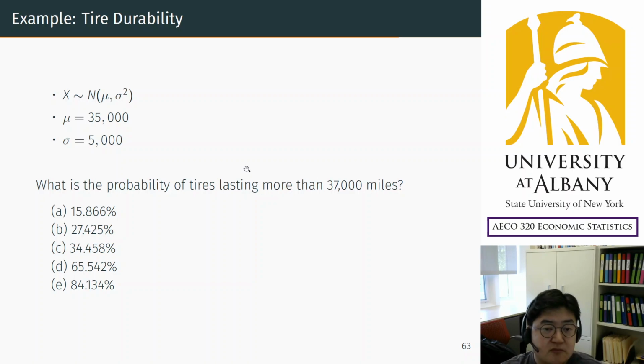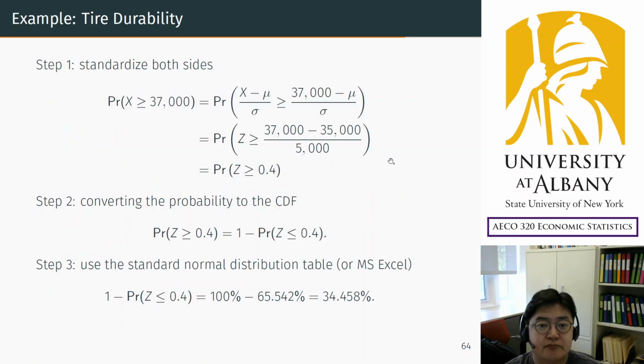Okay. So the answer is like this. First step, standardize both sides. That's the point. Then you get z greater than 0.4. Greater than 37,000 is greater than 0.4 after standardization. But again, this requires conversion.